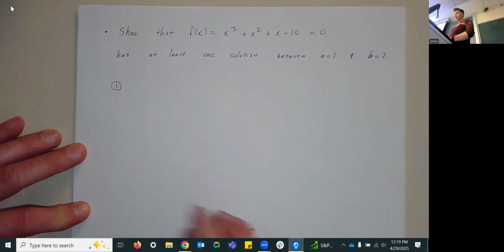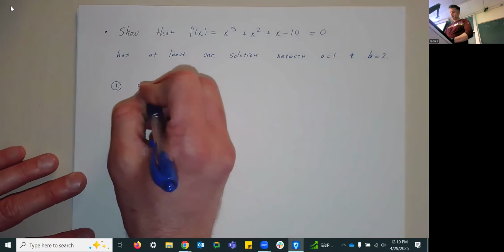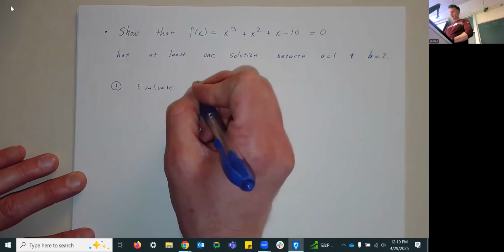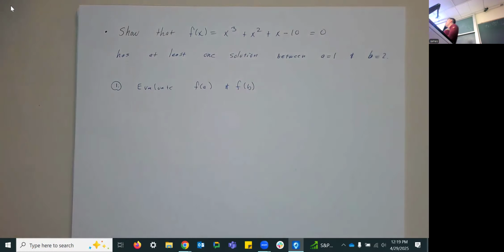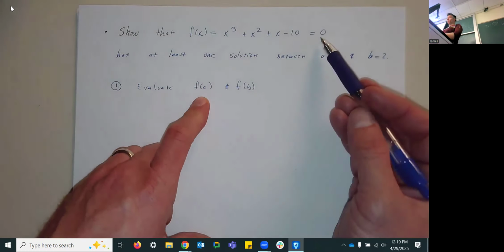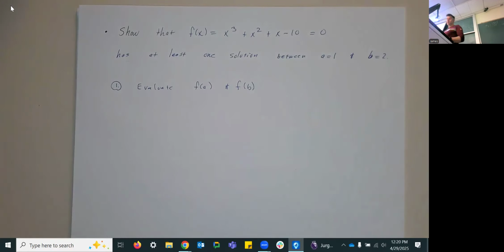Step 1, I'm going to evaluate f of A and f of B. The hope is that one of these values is less than 0 and one of these values is bigger than 0, so the 0 is stuck in between them.